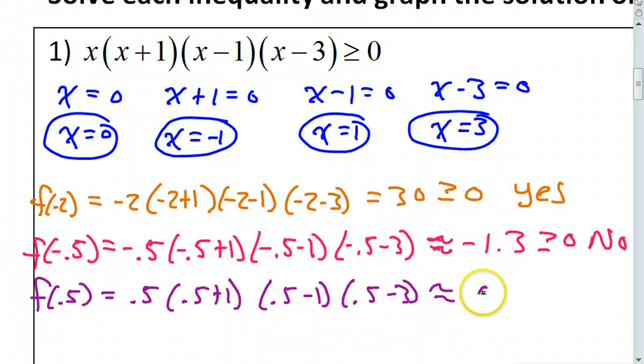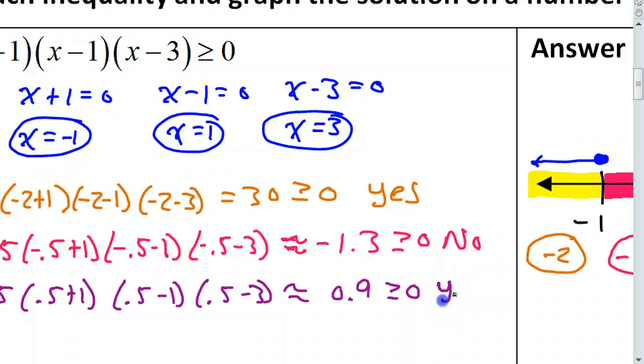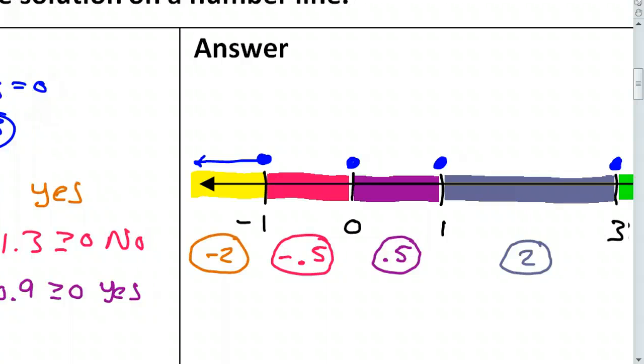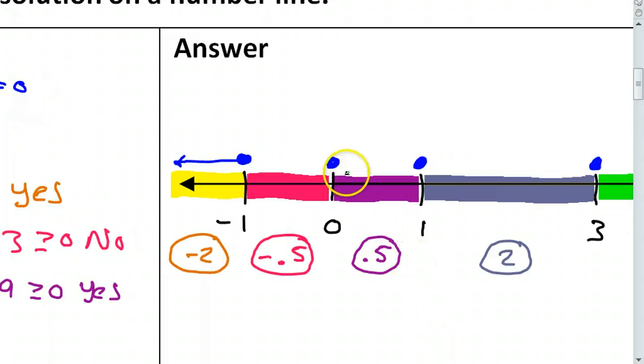Okay, so approximately 0.9. And the question is, is this greater than or equal to 0? Yes. Alright, it's a positive number, so that is greater than 0. That means these purple values are solutions, and I will show that by putting a segment in here. Okay, those are solutions.